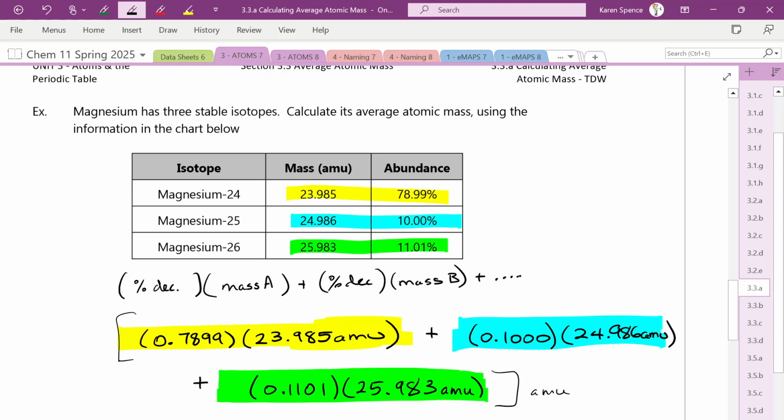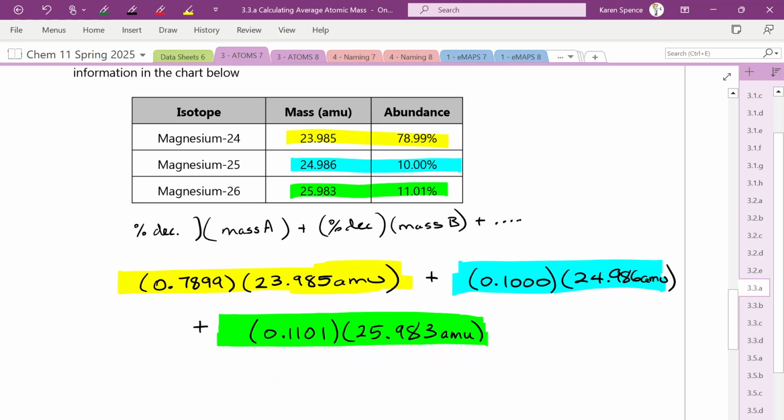That would also be acceptable. But you should otherwise write the AMU with all the numbers.